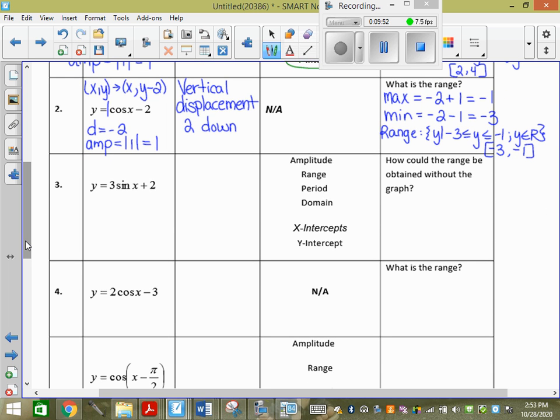For 3, what transformations do I have? What is this 3 in front? Vertical stretch by a factor of 3 above the x-axis. Okay, so we can go stretch, reflect, translate.